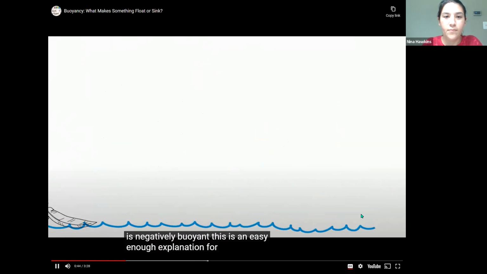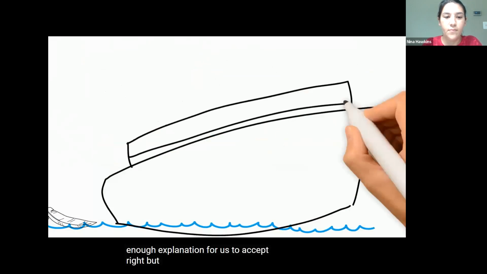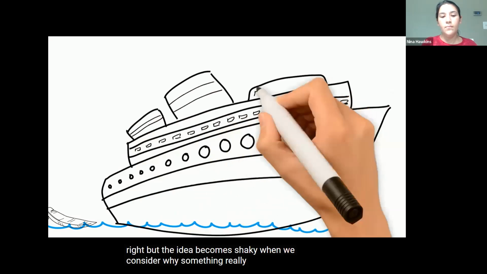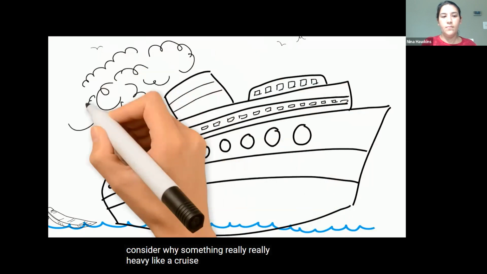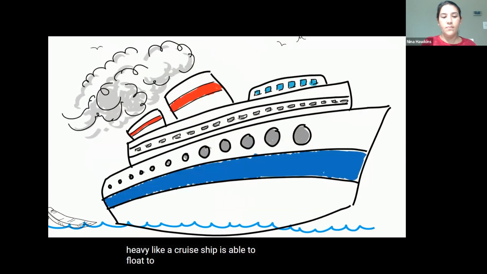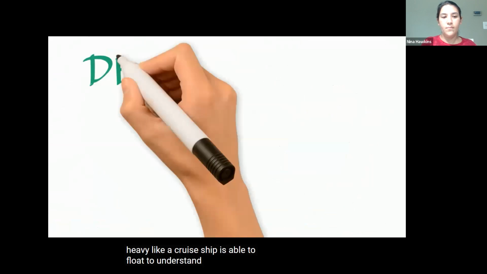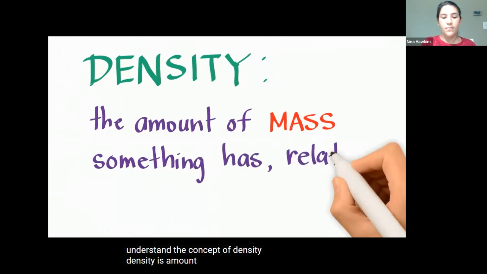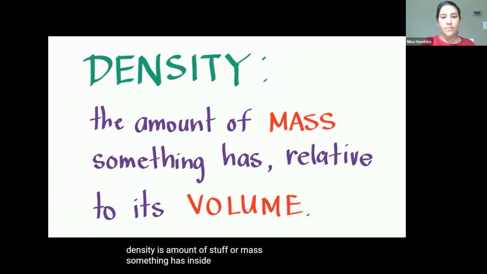This is an easy enough explanation for us to accept, right? But the idea becomes shaky when we consider why something really, really heavy, like a cruise ship, is able to float. To understand this, we need to understand the concept of density. Density is the amount of stuff or mass something has inside of it, compared to its volume or size.